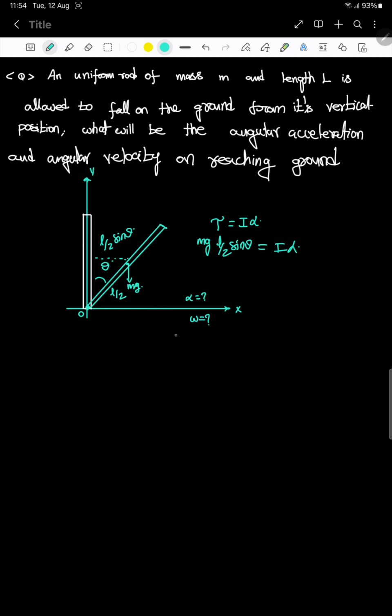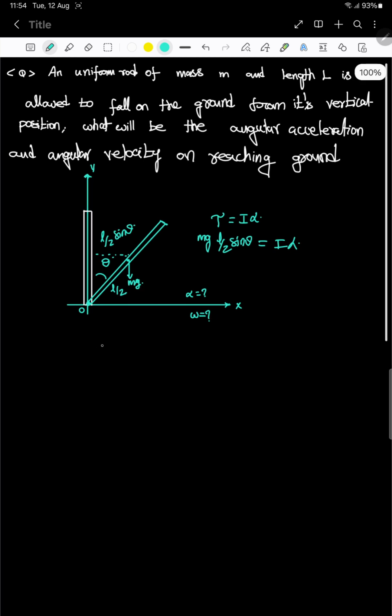About the center, moment of inertia is mL square by 12. By using the parallel axis theorem, moment of inertia about one end is equal to the moment of inertia of the rod about the axis through the center of mass, mL square by 12, plus m into the perpendicular distance between the two parallel axes, that is m into L by 2 whole square.